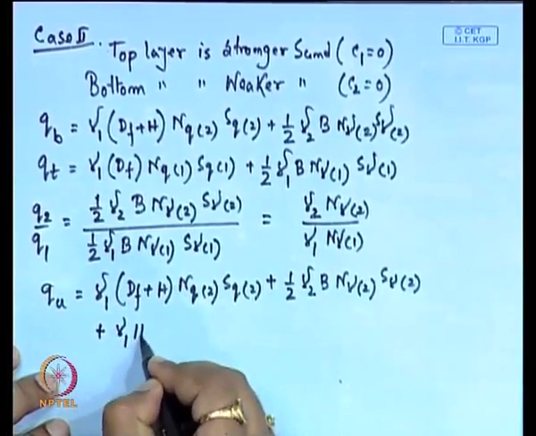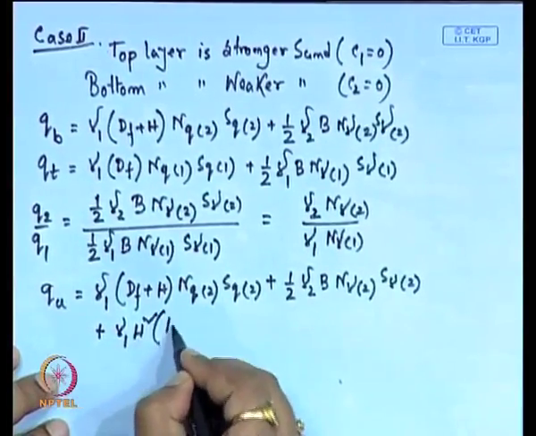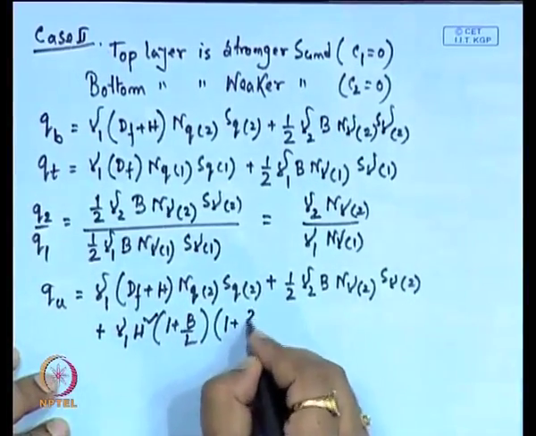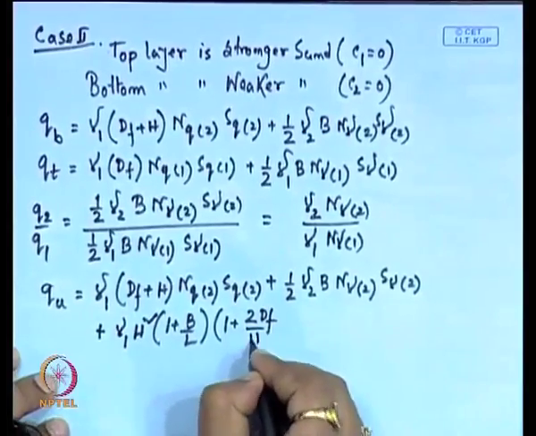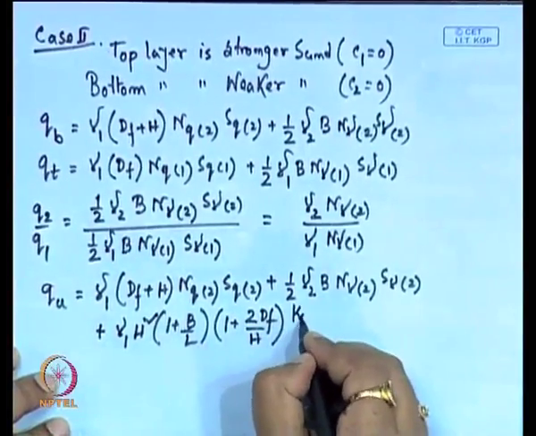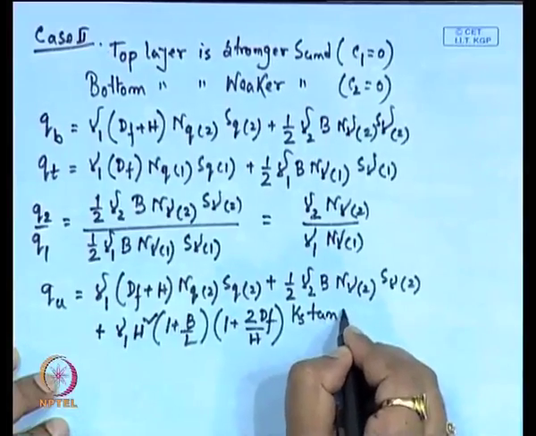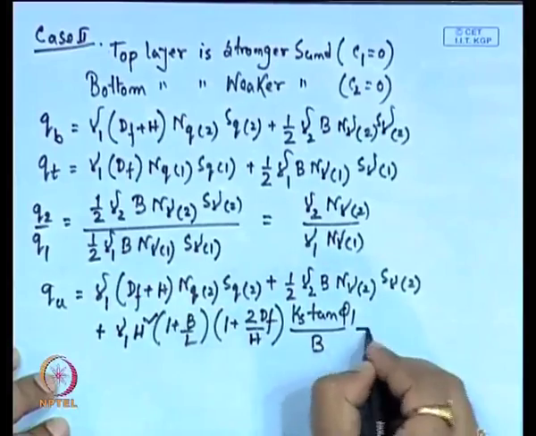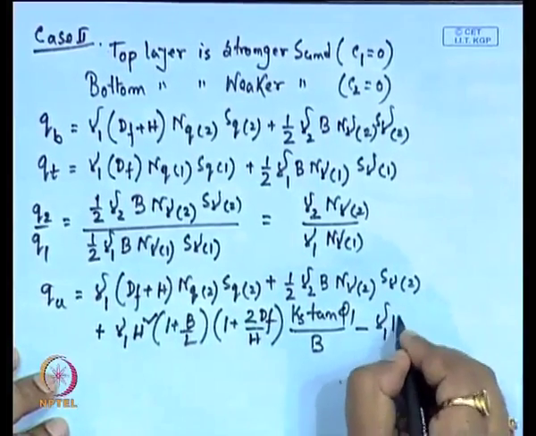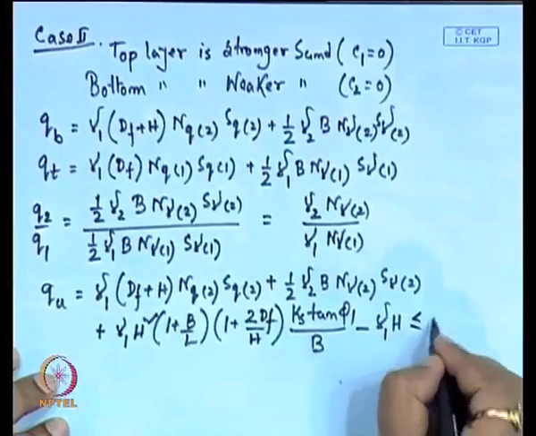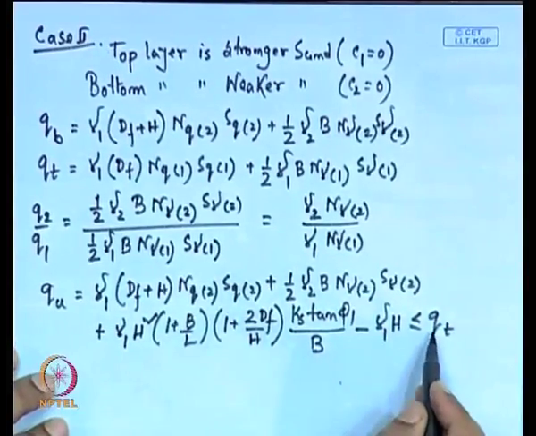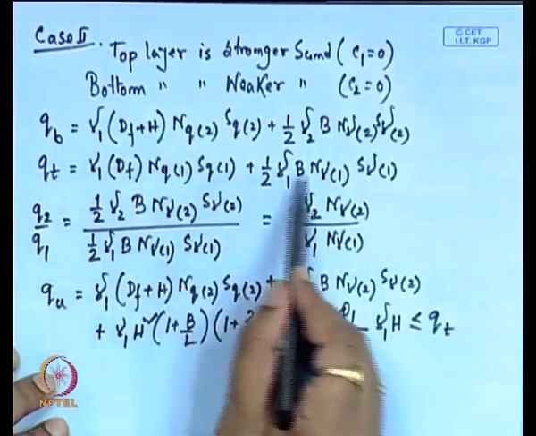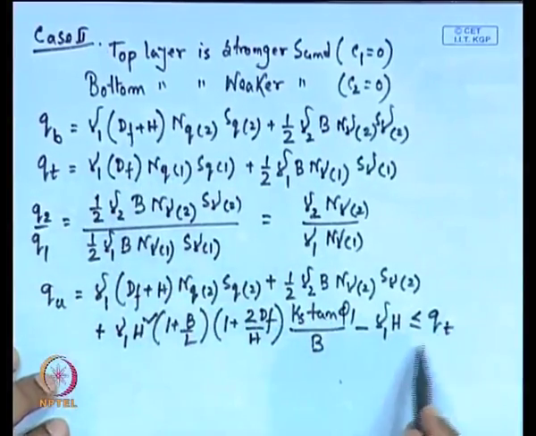So gamma 1 H square into 1 plus B by L into 1 plus 2 df by H into Ks tan phi 1 divided by B minus gamma 1 H, that is less than Qt, where the Qt expression is given by this formula.